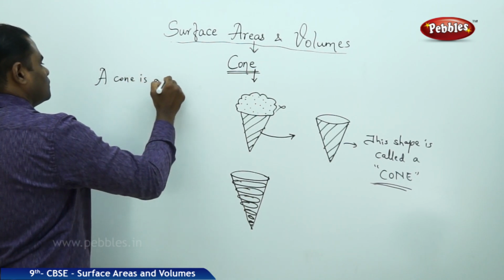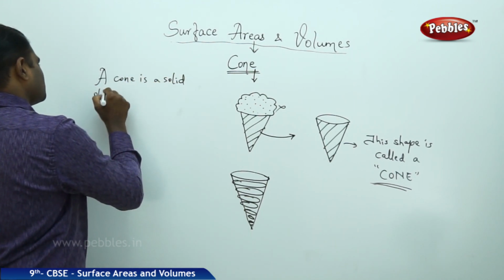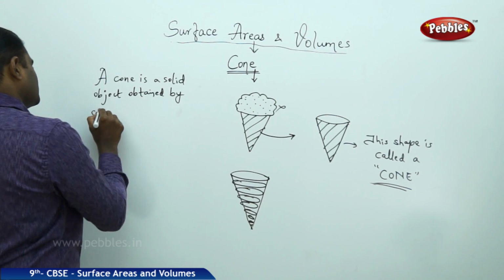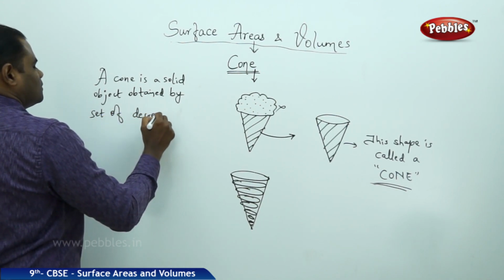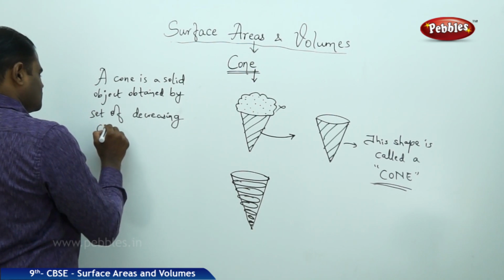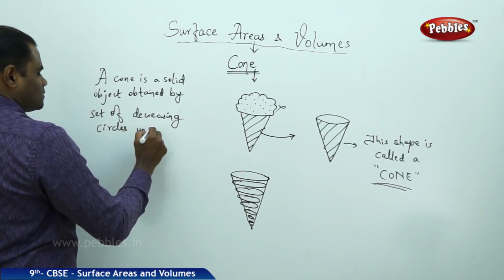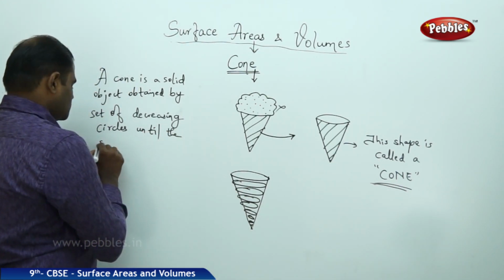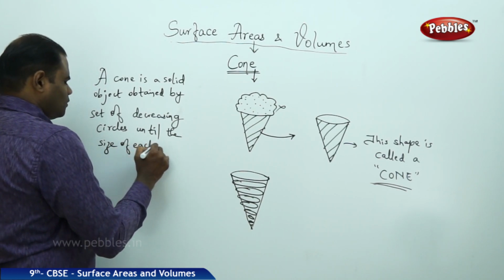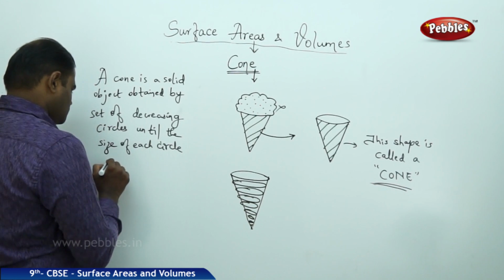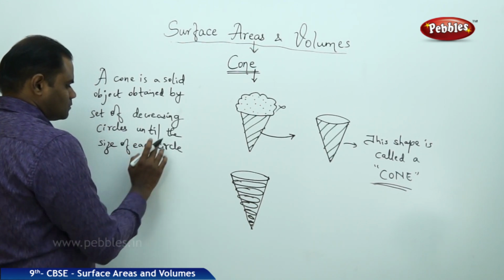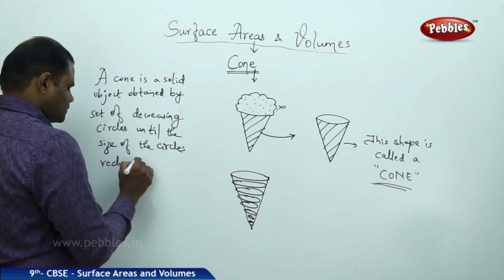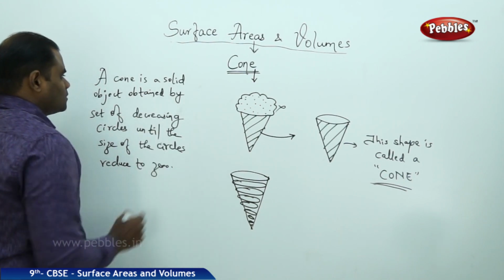A cone is a solid object obtained by a set of decreasing circles until the size of the circles reduces to 0.